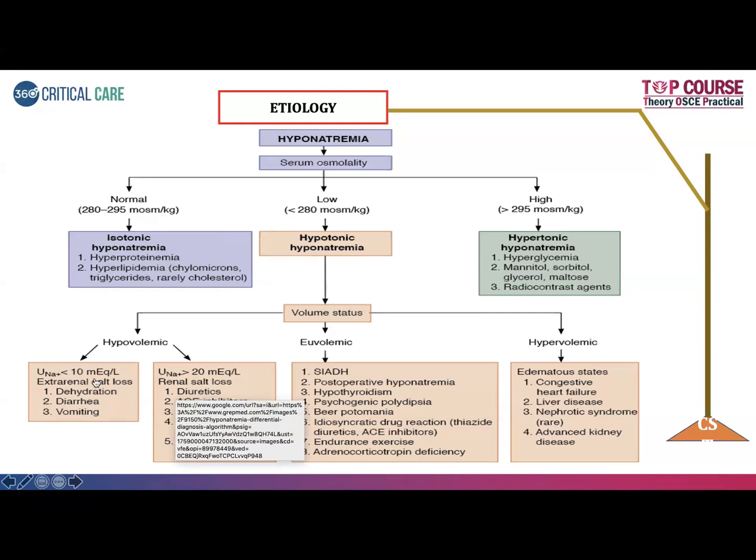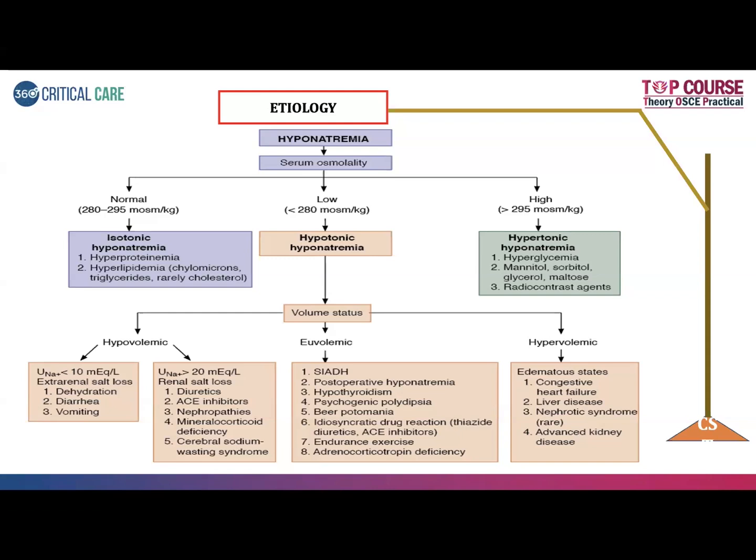If the urine sodium is less than 10, it means the patient is having an extrarenal salt loss, that is dehydration, diarrhea, or vomiting. If the urine sodium is more than 20, it means the kidney is excreting more salt, maybe due to diuretics, ACE inhibitors, nephropathies, mineralocorticoid deficiency, cerebral salt wasting syndrome.